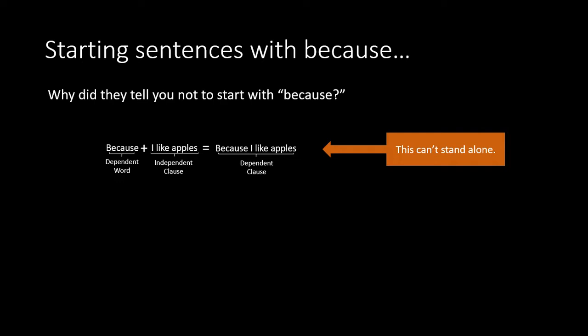And then it makes a fragment or a dependent clause. And then they just stop there. Just like, because I like apples. We talk like that, but it's not a full sentence. It's a fragment and it can't stand alone. And so what they were trying to save you from is having a bunch of fragments.